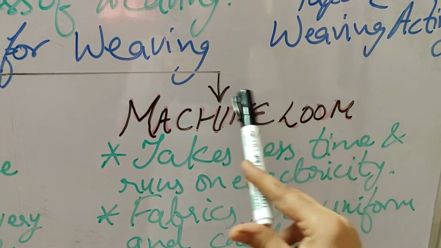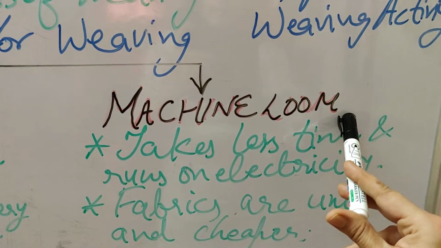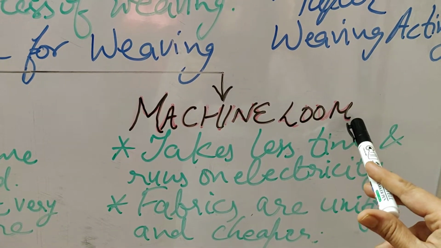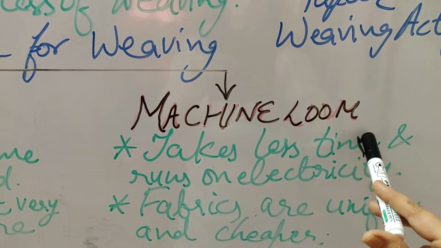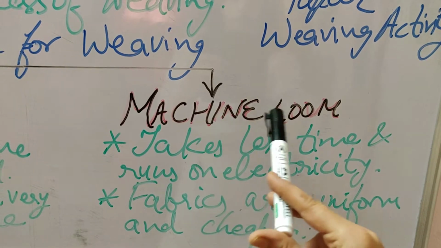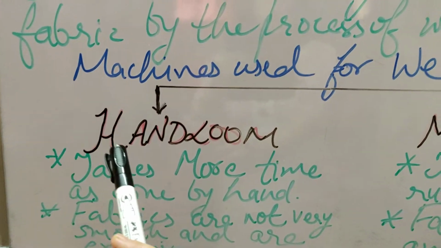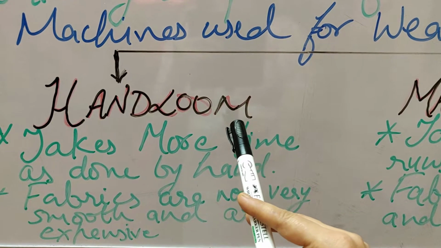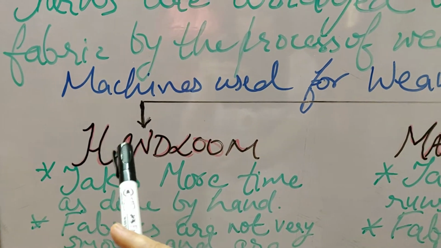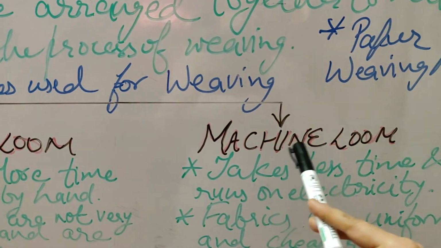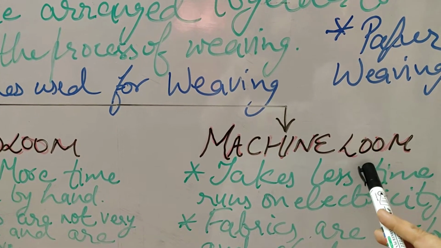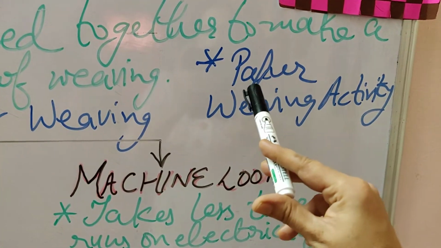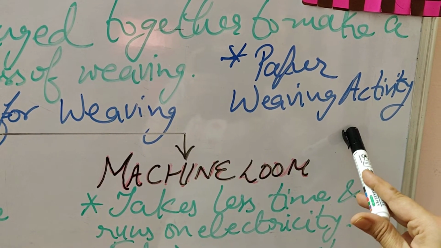All the big industries and textile factories use machine looms. For pictures of the machine loom and hand loom, you can see another video on this channel, where you can understand how a hand loom looks like and how a machine loom looks like, and in another video you can understand the paper weaving activity.